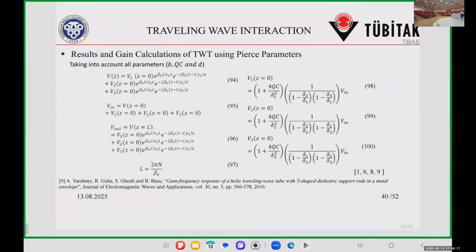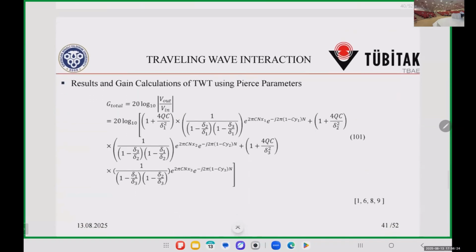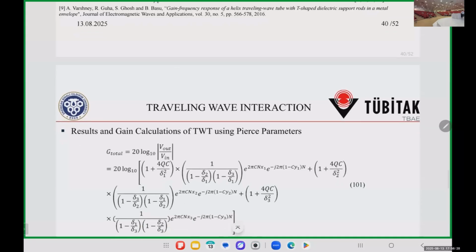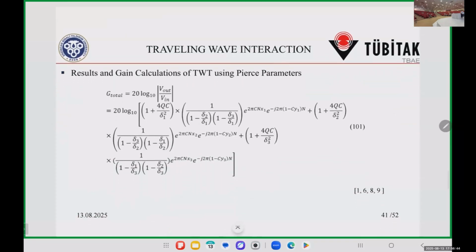And we apply the boundary conditions here, so we can extract V out and V in. If we divide V out by V in, we can write the total gain in dB form like this.